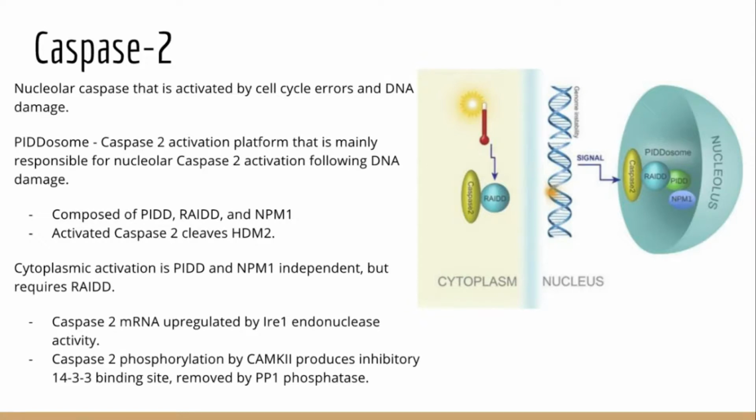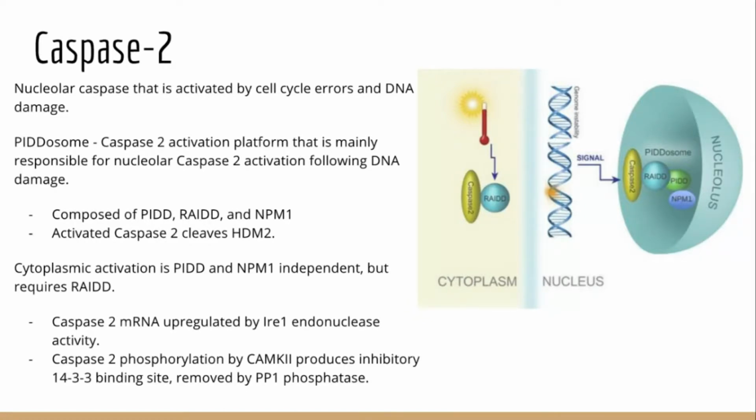So p53, you might remember, is a potent pro-apoptotic transcription factor that is allowed to accumulate because HDM2 is being cleaved by caspase-2. So through this mechanism, caspase-2 can upregulate p53 by cleaving HDM2, and thus it can further promote apoptosis through the conventional pathway by p53 upregulation of BH3 proteins.